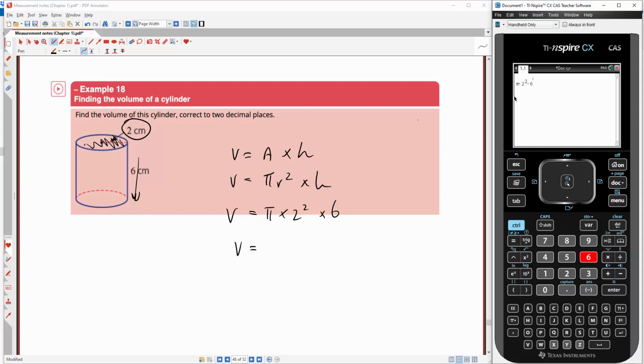And because we want a 2 decimal place approximation, we can either put a decimal point in the question or hit Control Enter straight away for an approximation. So that's 75.40 centimeters cubed.